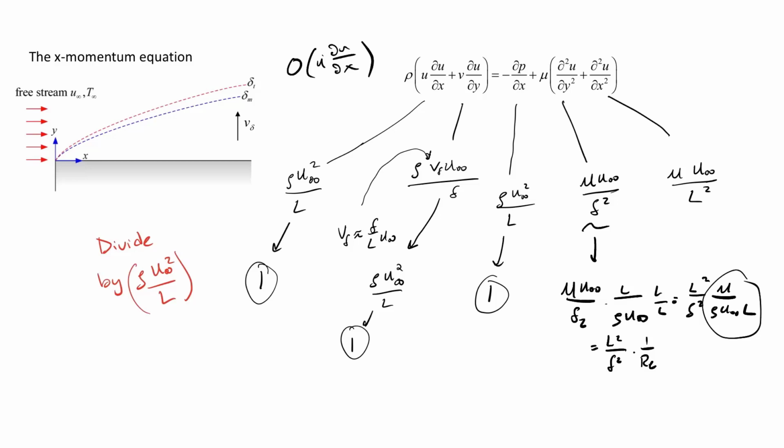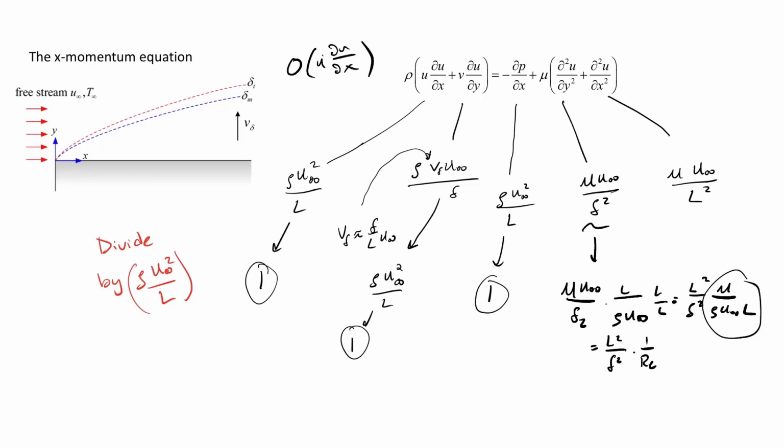All right. So actually, we're not quite sure whether that's big or small because we have something big here, L squared over delta squared, and we have 1 over Reynolds number. So a big number over another big number, right? And so what's the relationship between those two things? If we look back, actually, I don't have it on this slide, but remember this relationship, I'll write it up in the corner here.